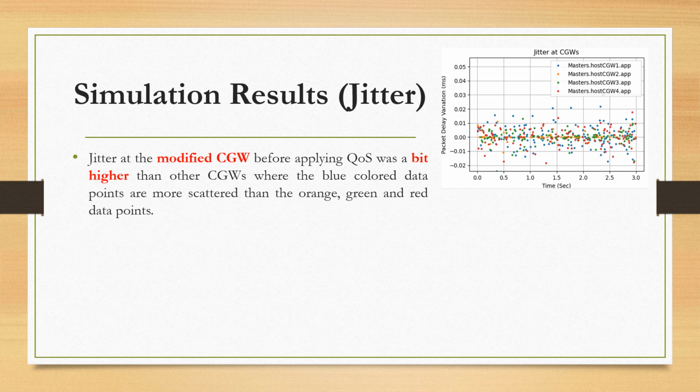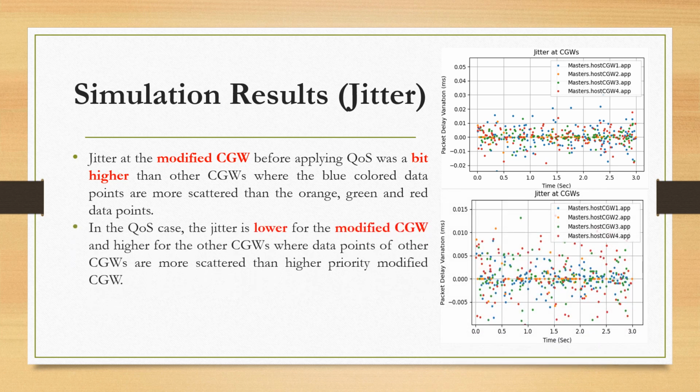Before applying quality of service at the modified gateway, the jitter was a bit higher. As we can see, the blue points are more scattered than the other points. After applying the quality of service, the jitter is lower for the modified capillary gateway and higher for the other capillary gateways.